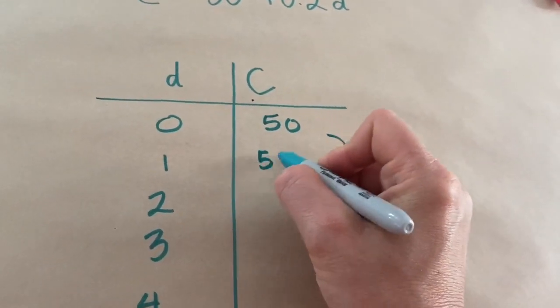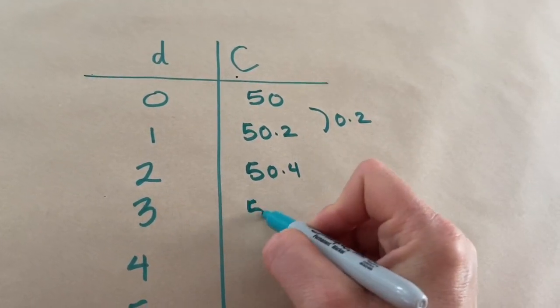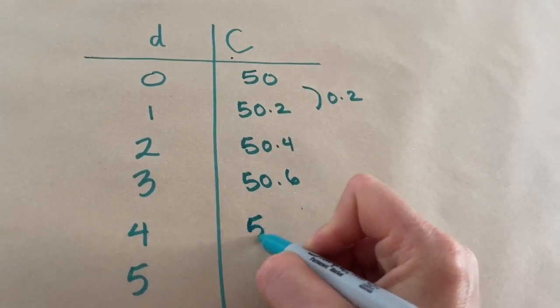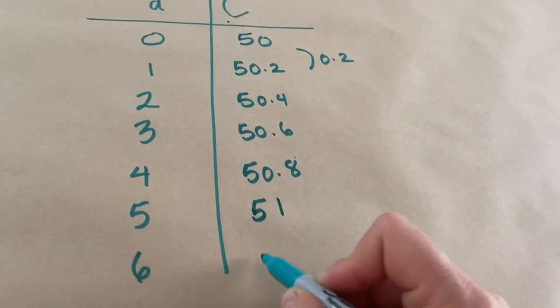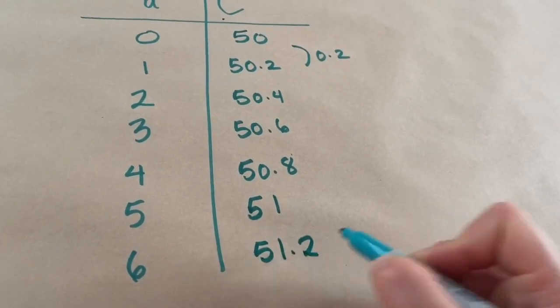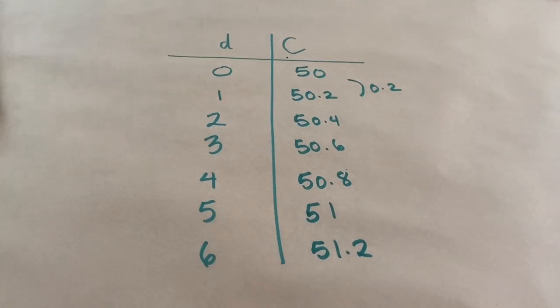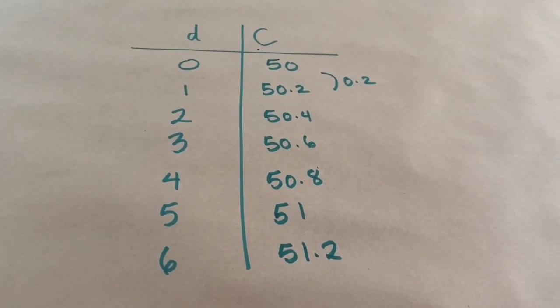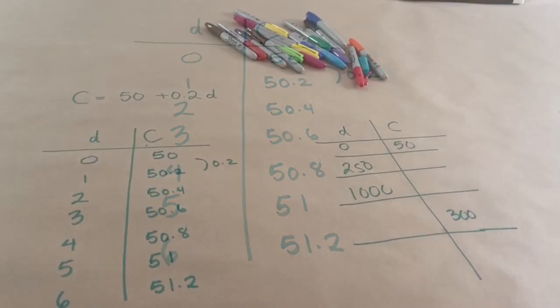So 50.2, 50.4, 50.6, 50.8, 51, 51.2, and so on. So that's a good table of values, but it's not really going to help us answer or fill in the blanks in the table of values we've been given.